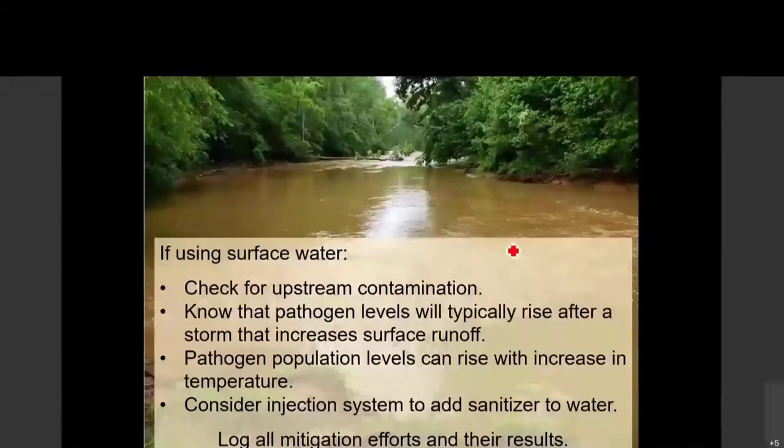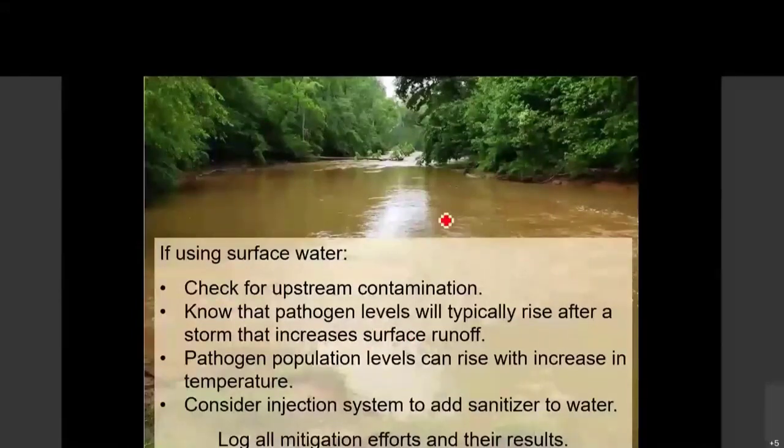Definitely you would look for what the land use was that feeds your surface water, whether it's running water or maybe it's a stream going into your pond. One of the things that we observed is that pathogen levels typically will rise after a storm. That's twofold.